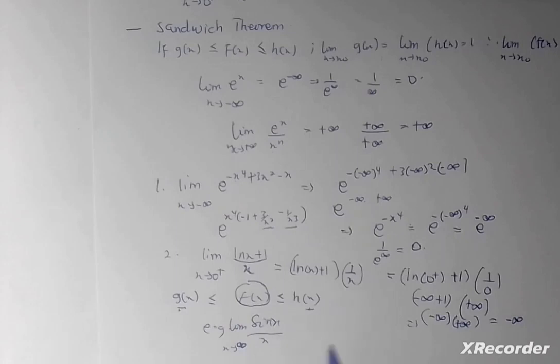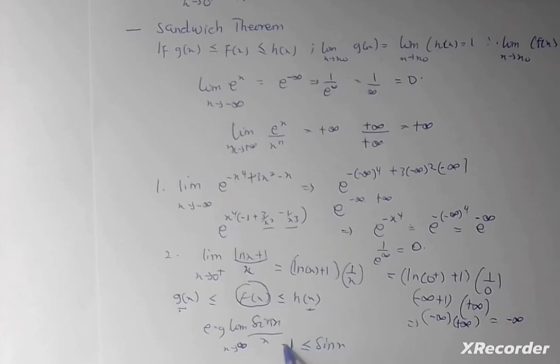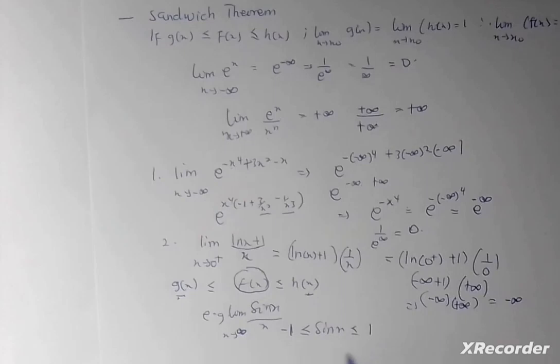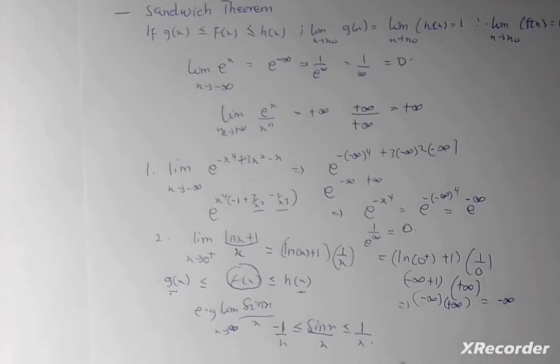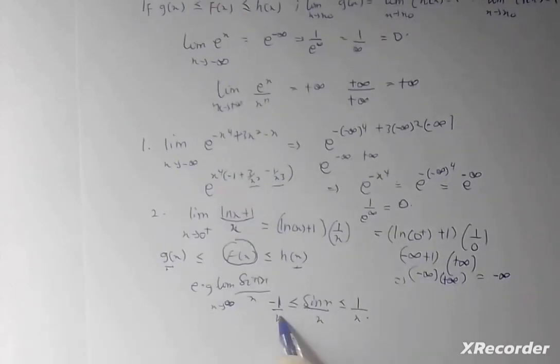So what you are going to do is, you know that sine x has a minimum value of negative 1 and a maximum value of 1. The next thing is, because this is over x, we divide through by x, we divide here by x, then we divide here by x. So from the Sandwich Theorem, I'm going to find the limits here and the limits here, and that will be the limit of this.